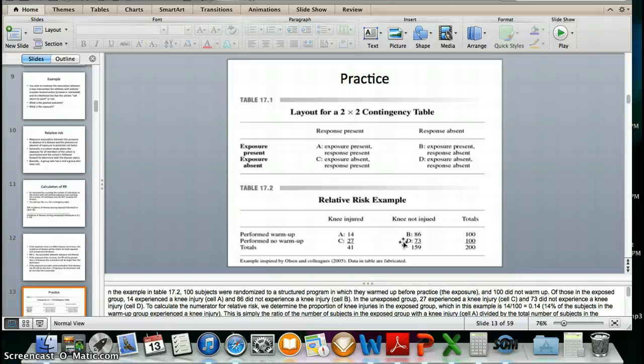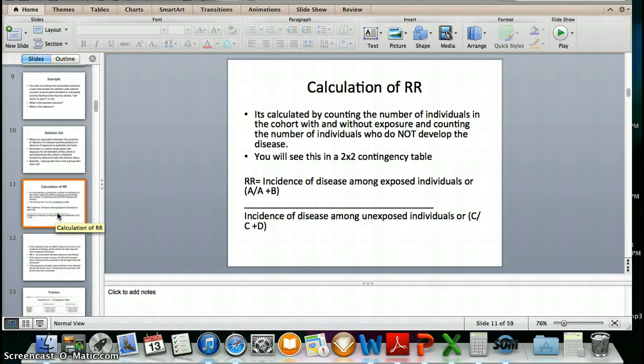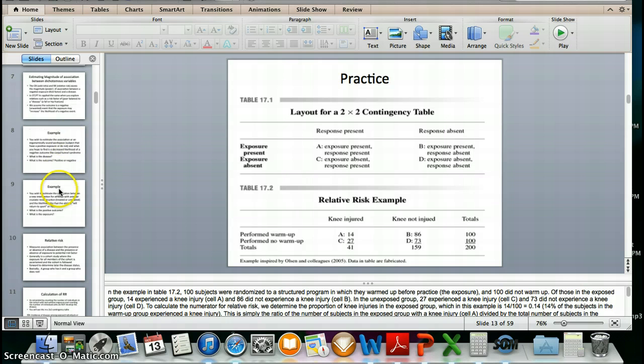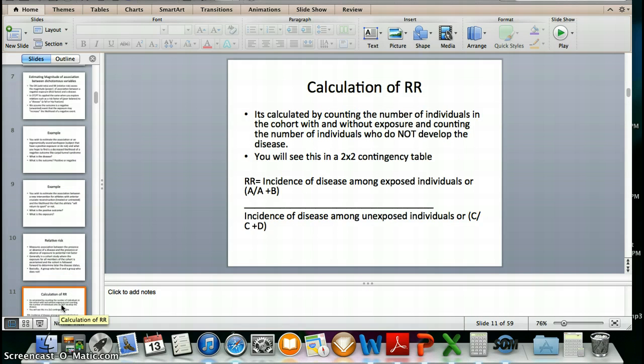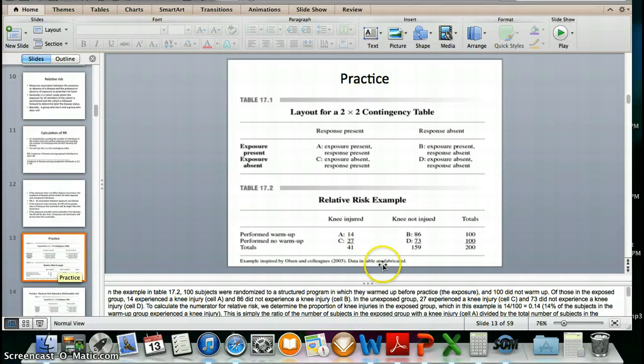Well, if you remember, we said that the equation for relative risk was A divided by A plus B, over C divided by C plus D. So in this case, it would be 14 divided by 14 plus 86.